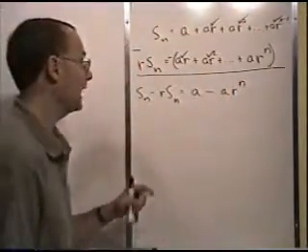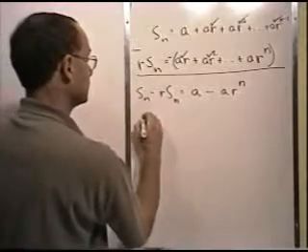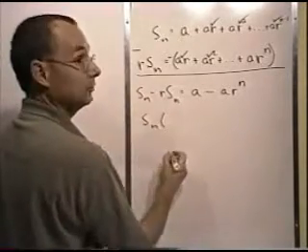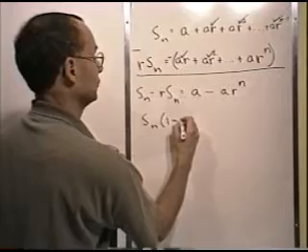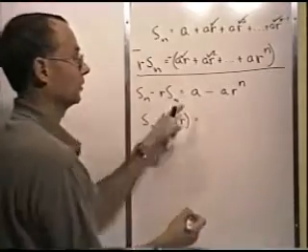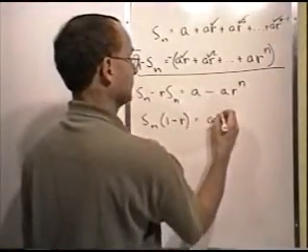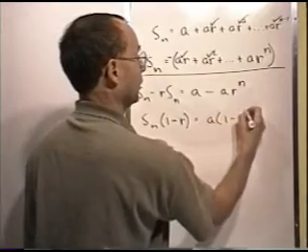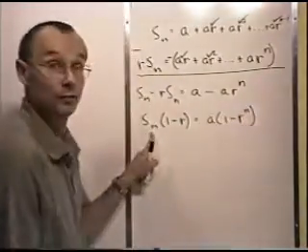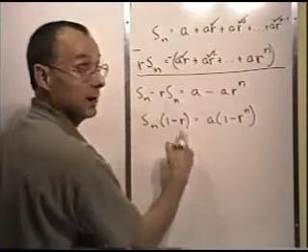Now I do a little bit of factoring. There's a common factor here, which I'm going to factor out, s sub n, and then I've got 1 minus r. And over here I can factor out the a, 1 minus r to the n. And to solve for s sub n, I just divide by 1 minus r.